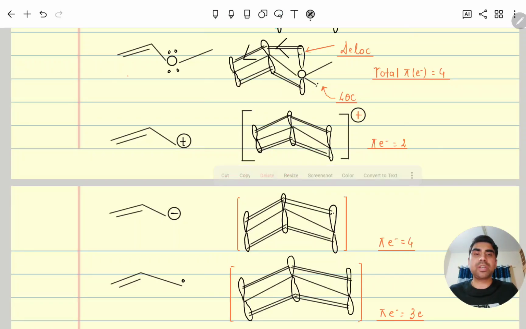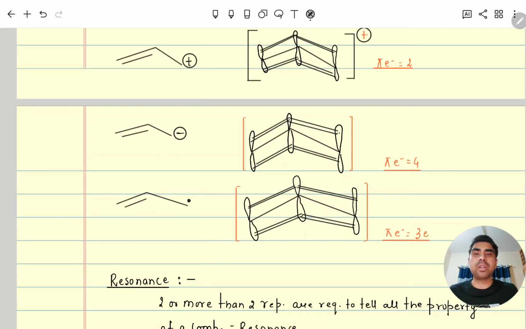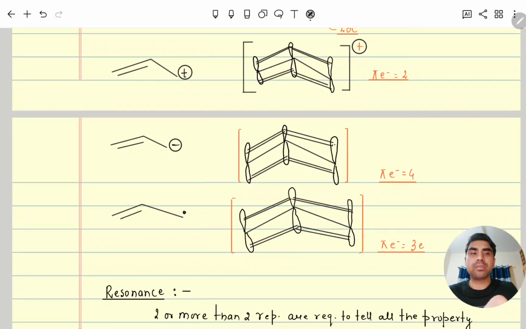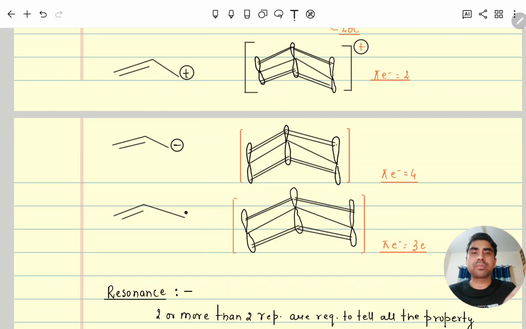Similarly, in this carbocation, there is a vacant p orbital here and a vacant p orbital here. So electrons will move from high electron density to low electron density like this. Clear? Similarly, here you can see a carbanion. In the carbanion, there are 2 electrons, but the pi bond has only 1 electron.